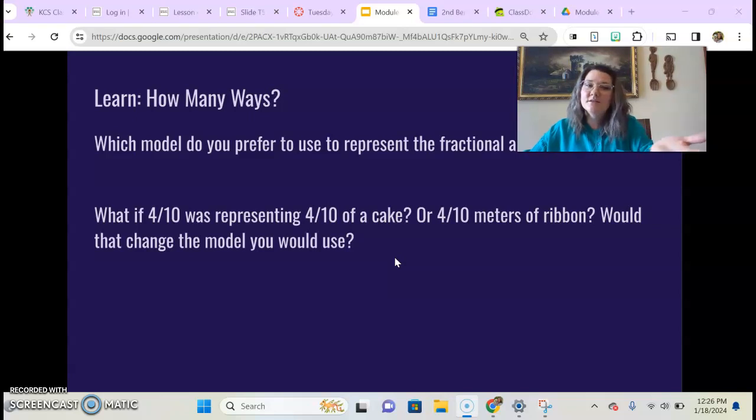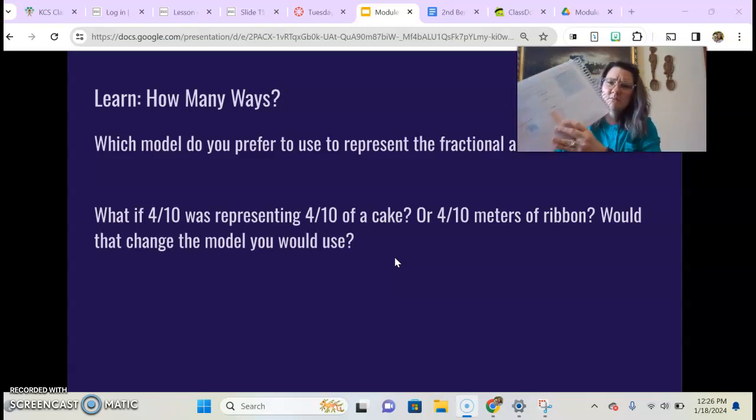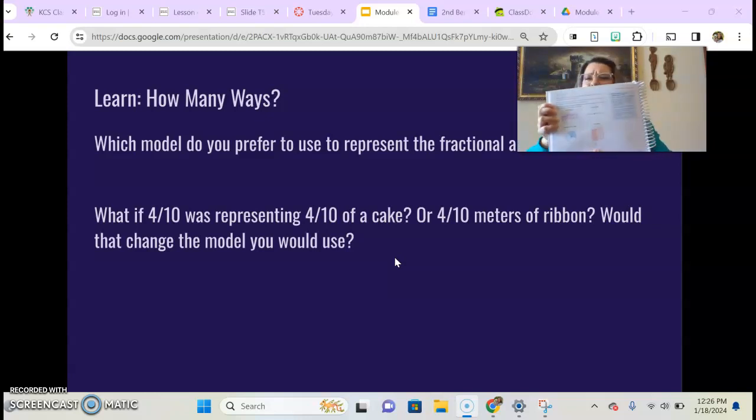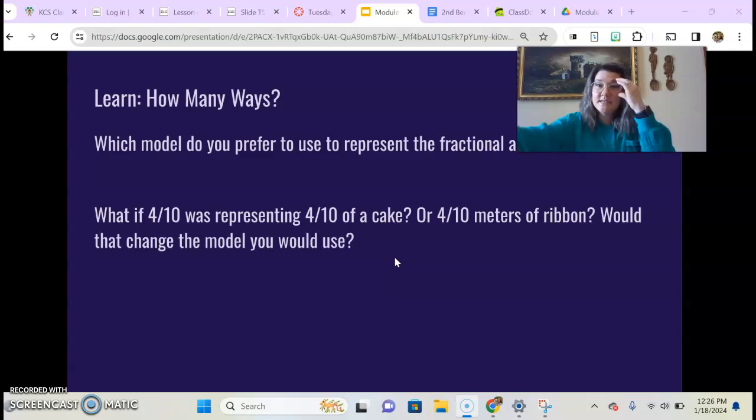So think about if it was 4/10 of a cake. What would you use? I'd probably use either the tape diagram, like it showed at the beginning of the lesson, or an area model, because those are shaped like cake. What if you were measuring ribbon and you were representing the measurement in fractions?